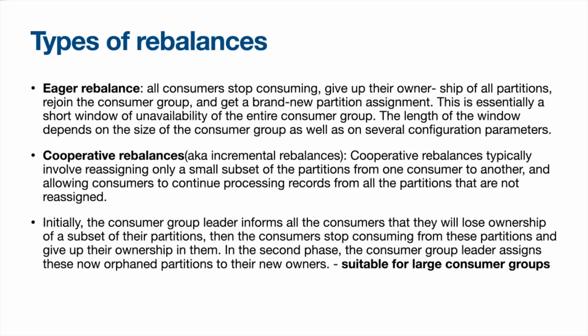For example, if one consumer is consuming 3 partitions and the other 2 consumers are consuming 1 partition each, suppose I want to remove 1 partition from consumer 1 and assign it to consumer 3 in the group, then only these 2 consumers will see a momentary change.